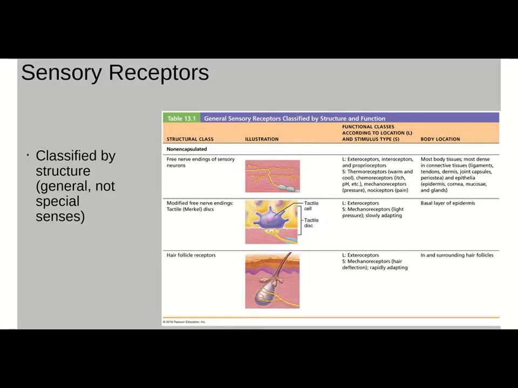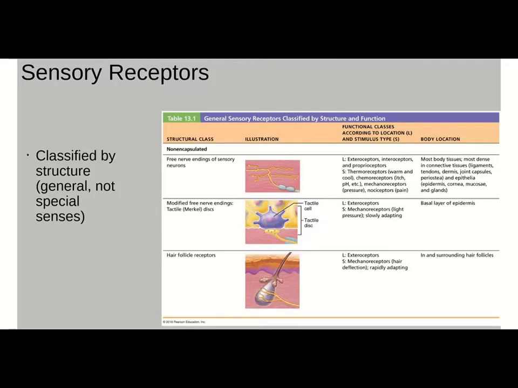Similar, we see a nerve ending that we have actually seen before back in chapter 5 with the skin, the integumentary system. We have modified free nerve endings, and we called these tactile cells or Merkel cells. So that's what we see right here. Remember, the Merkel cells themselves do not detect any sort of sensory information. They don't detect any stimulus.